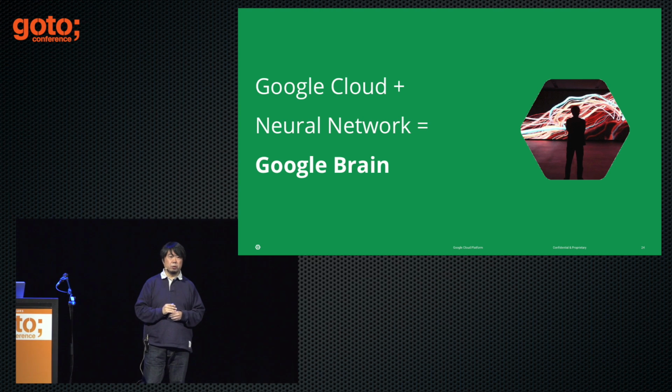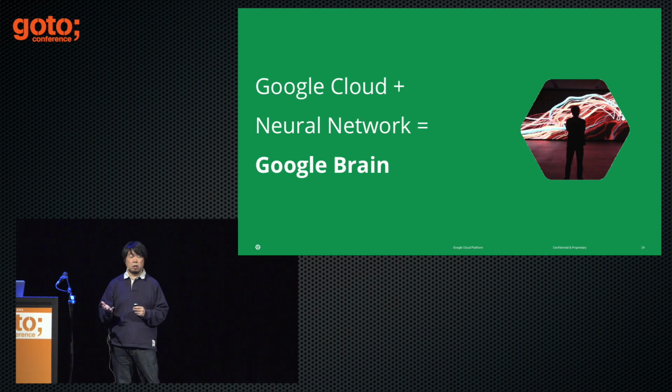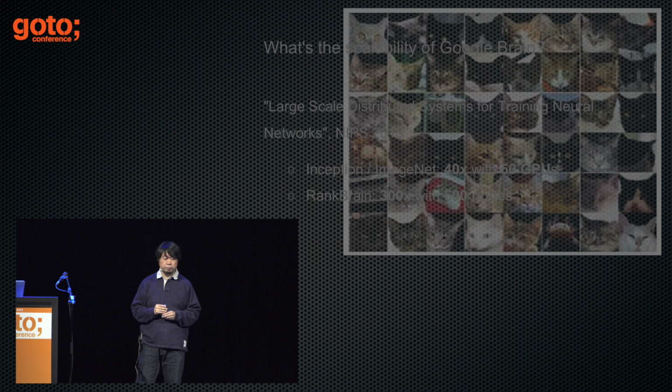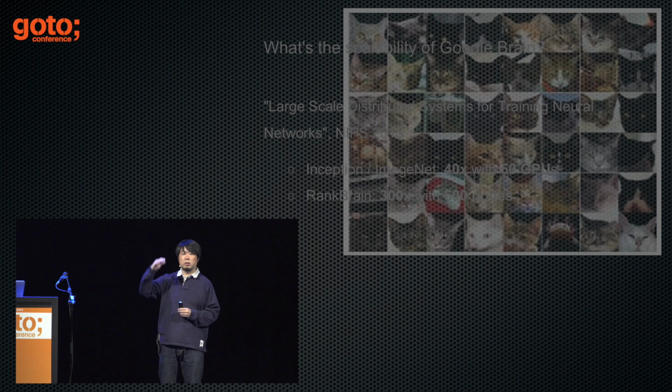And Google Brain is the project where we have started applying the Google Cloud technology to build large-scale neural networks. This project started in 2011. And right now, Google Brain has been used for many production projects in Google. And what's the scalability of the Google Brain project? For example, RankBrain. RankBrain is an algorithm we have been using for the ranking of Google Search since last year.